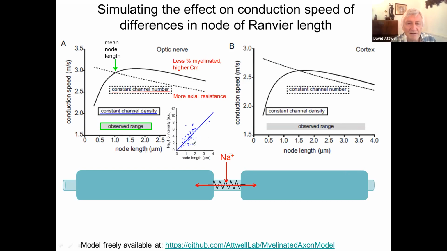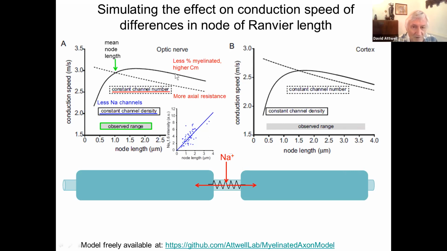However, I showed you earlier that the number of sodium channels isn't constant. It increases with the node length, implying that you're putting in membrane with the same sodium channel density to make it longer. And in that case, as you go to shorter node lengths, you've got fewer sodium channels, and that decreases the conduction velocity down here.